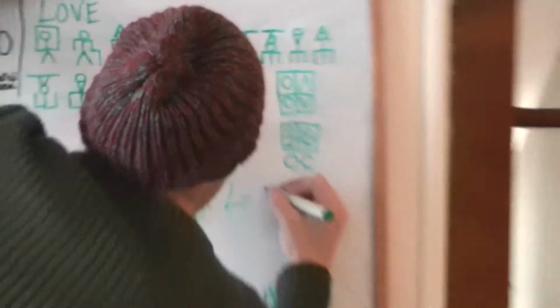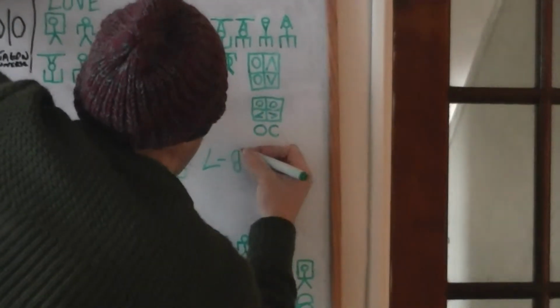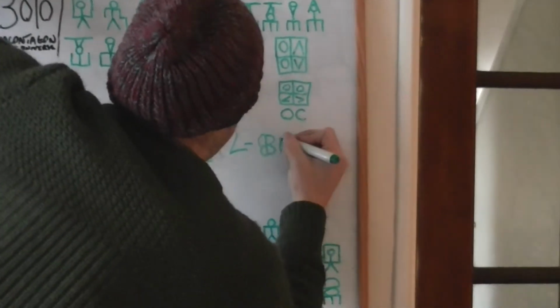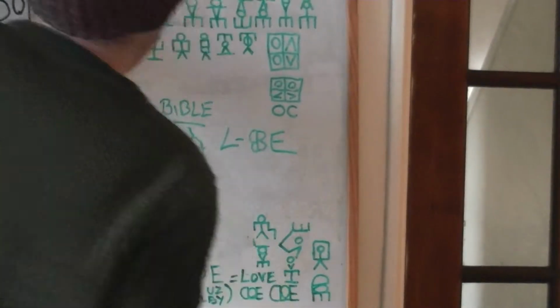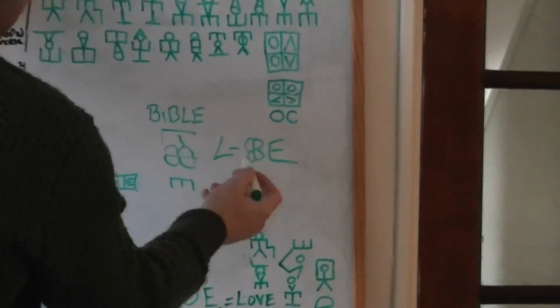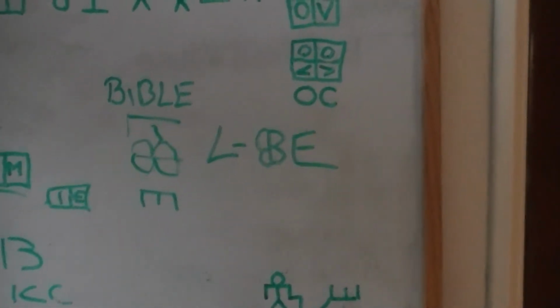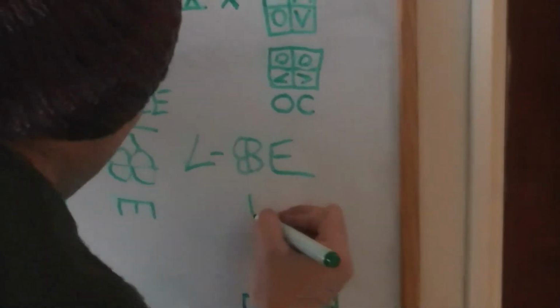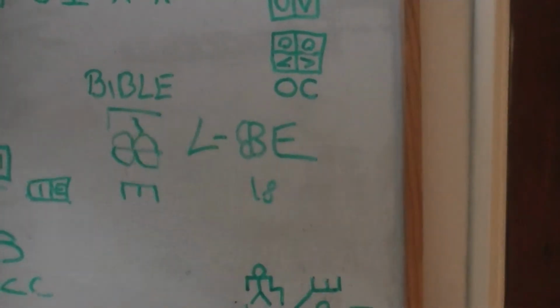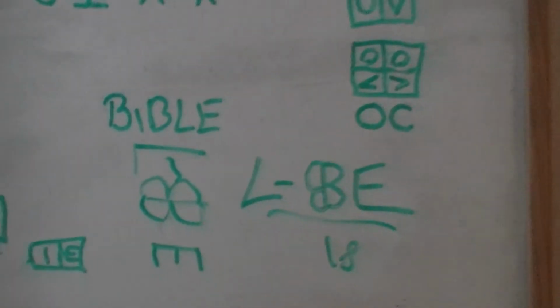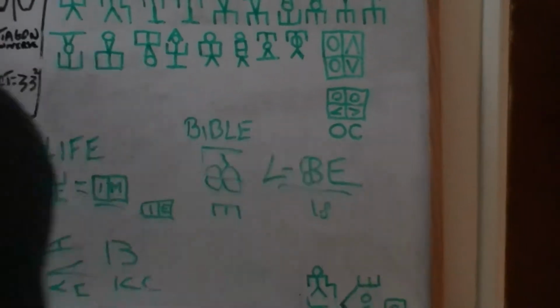Now if you turn that around, quite interestingly, you'll get this. So, B, I, B, L, E. Now do you see what that is? It's the number 18 in the middle, which of course is our number that we deal with. And it also spells out something else. But anyway, we don't need to go on about that.